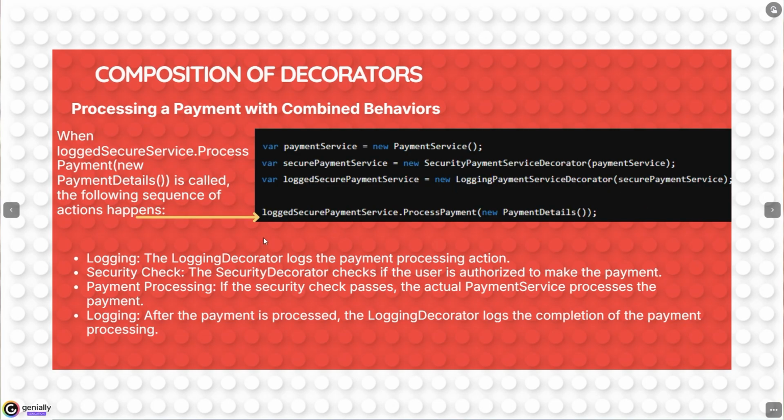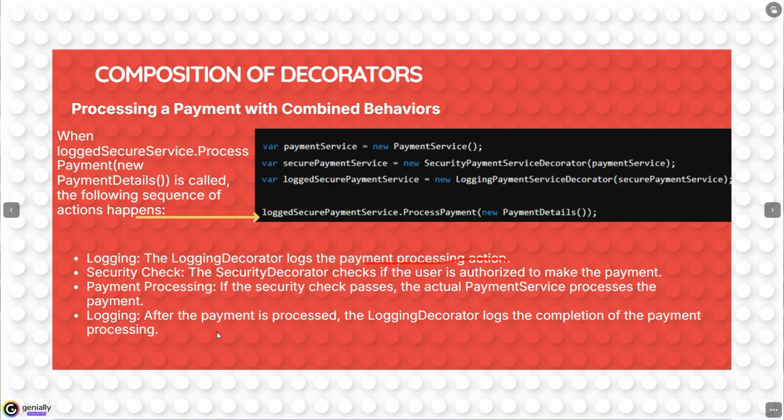Last, when the logged secure service's processPayment is called with payment details as a parameter, the following sequence of actions happens. First, logging: the logging decorator logs the payment processing action.